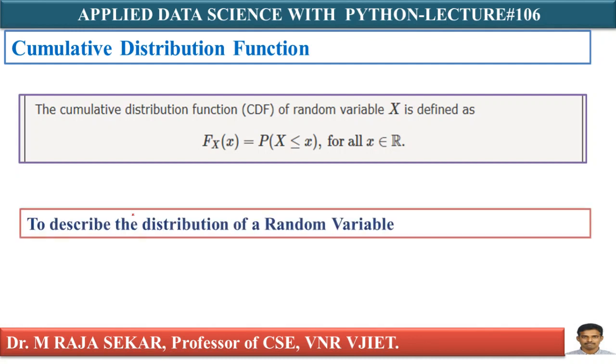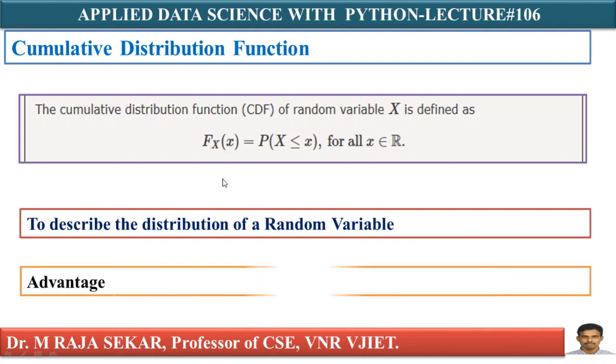The cumulative distribution function, CDF, of a random variable is another method to describe the distribution of random variables. The advantage of the CDF is that it can be defined for any kind of random variable. Any kind of random variable means it is applicable for discrete random variables, continuous random variables, and even for mixed type random variables.